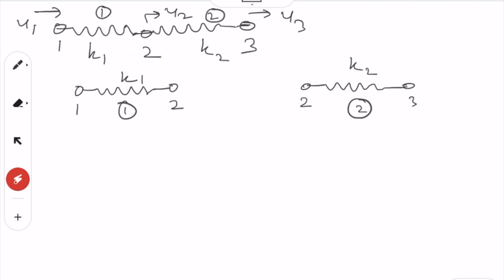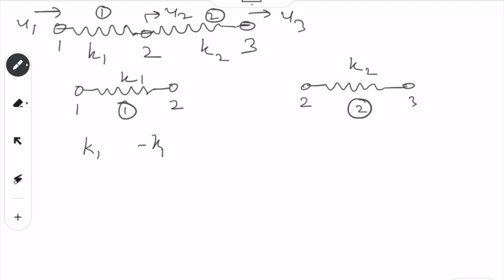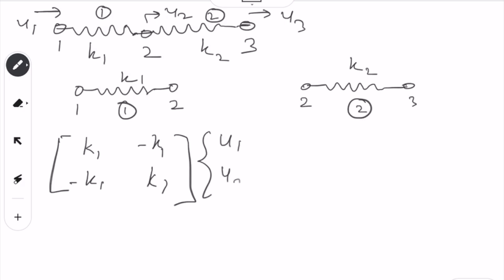Okay. So now for the first element, we can write the equation, and the equation is K1, minus K1, minus K1 here as well, and then K1, and we are going to multiply it by U1, U2 is equal to F1, F2.